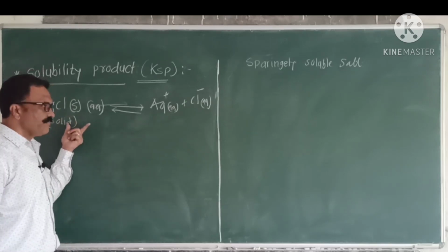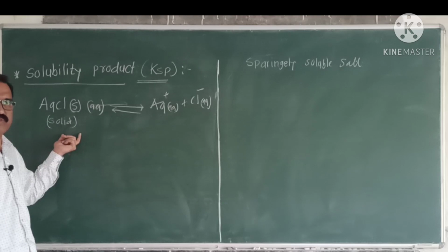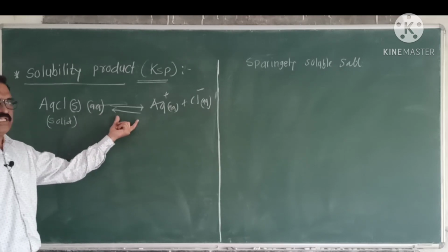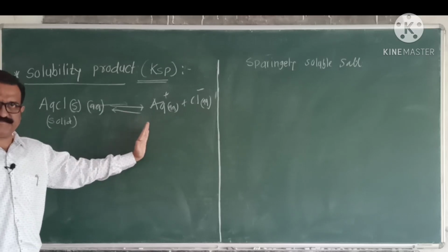Suppose silver chloride is a sparingly soluble salt, and this equilibrium will exist like that.